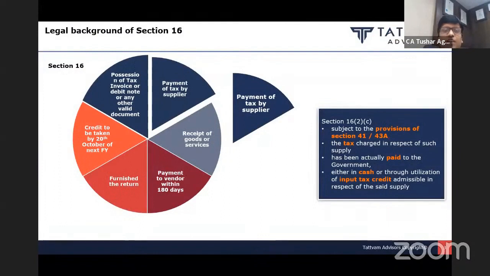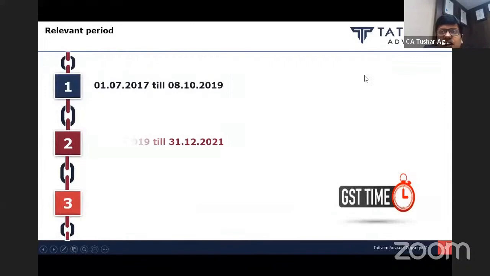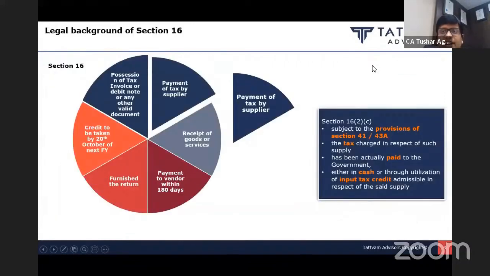Friends, as we are aware, the eligibility to take input tax credit is derived by section 16 of the GST Act. Under section 16, we have various conditions basis which credit is available. First condition, I should have a valid tax invoice or a debit note or a bill of entry for availing the credit.